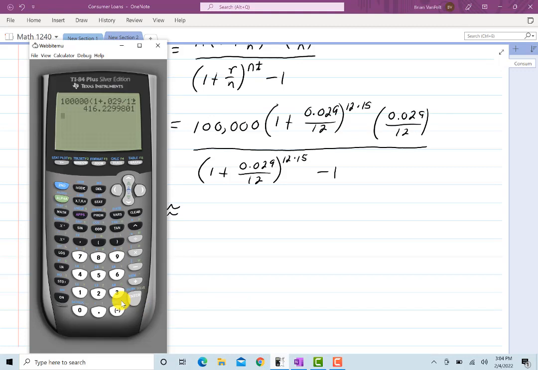Now, a beautiful thing about these calculators is the following. Once you get one of these things to work, I can hit the up arrow and it will let me click on it and bring it back down. This works on the other TI calculators as well. You don't have to go and type it in every time.